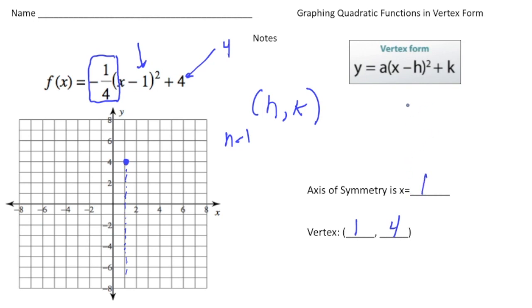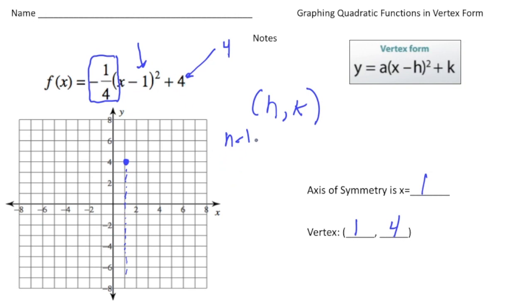So now we need to find a value to plug in for x to get a y value. We want to use a number that's on the graph that's pretty easy to use. So let's say x is 3. When I plug a 3 into the function, 3 minus 1 is 2, and then 2 squared is 4, and then negative 1/4 times 4 is negative 1, and negative 1 plus 4 is 3.